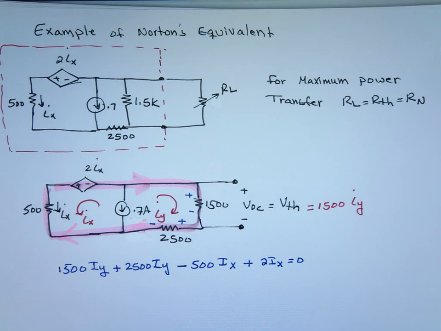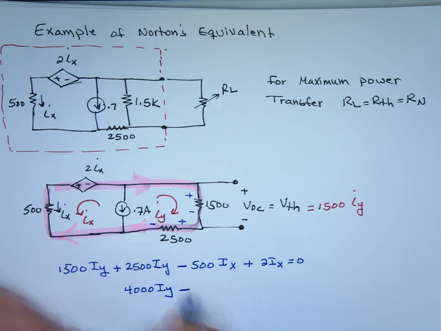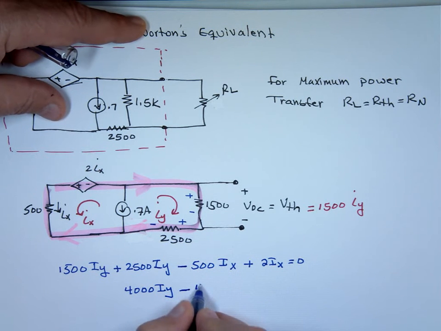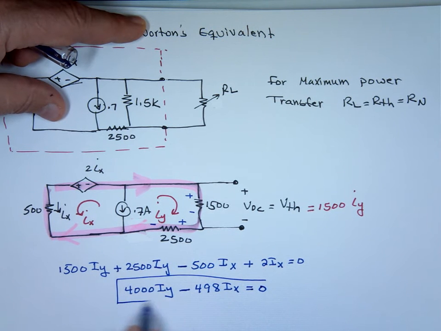Let's clean that. I have 1,525, is that 4,000? Yep. 4,000 I sub y minus what? 498 I sub x is equal to 0. That's one equation.